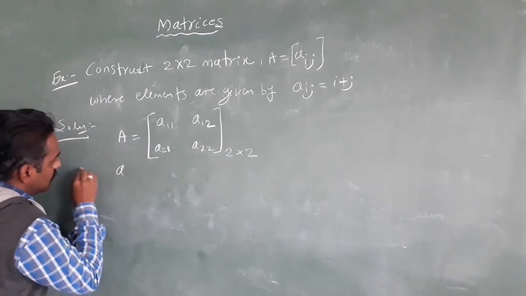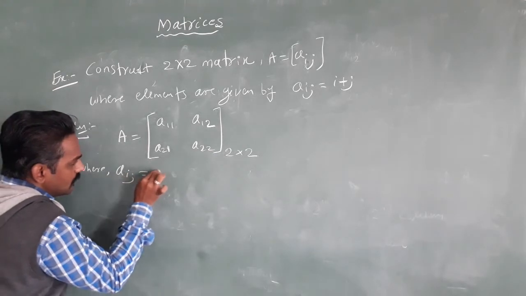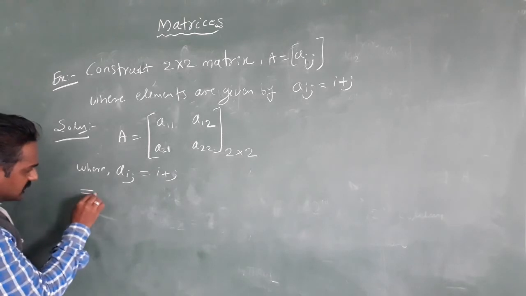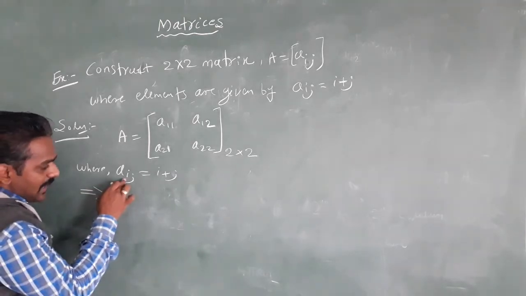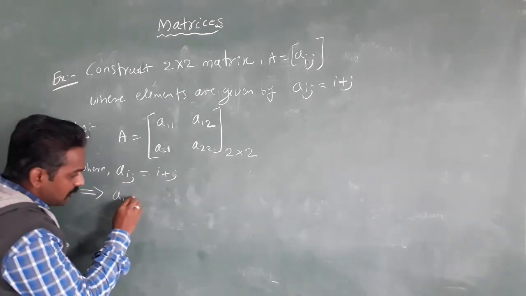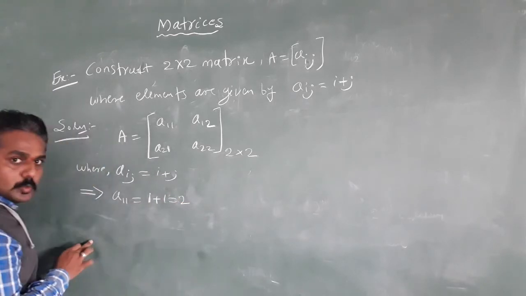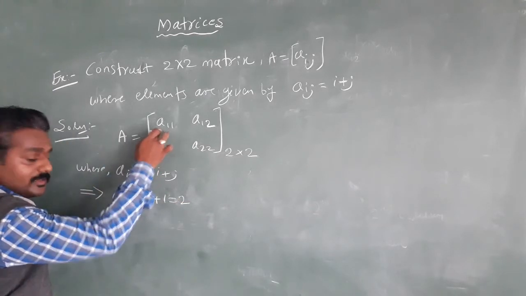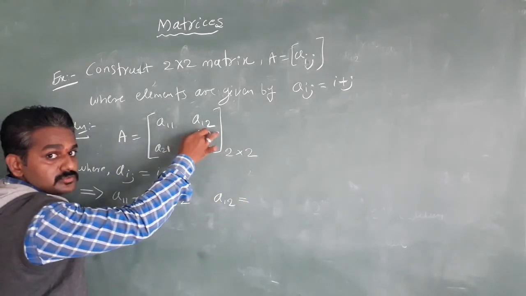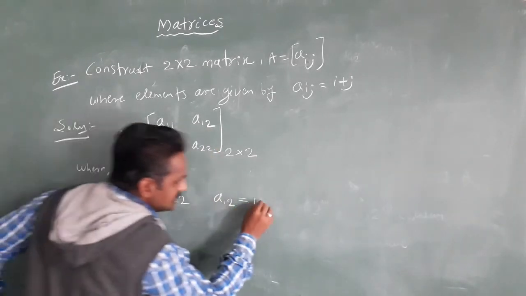Here Aij equal to I plus j. This is the given value. If I take A11, first row, first column, fill the value 1 plus 1, that is 2. A11 got the value. Next A12, first row, second column, i is 1 here and j is 2.